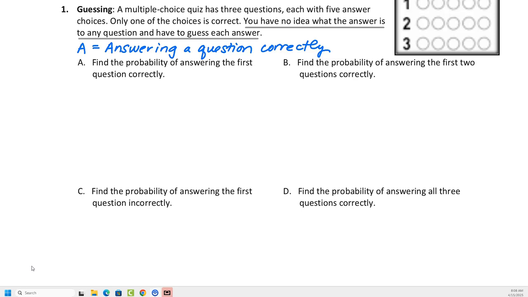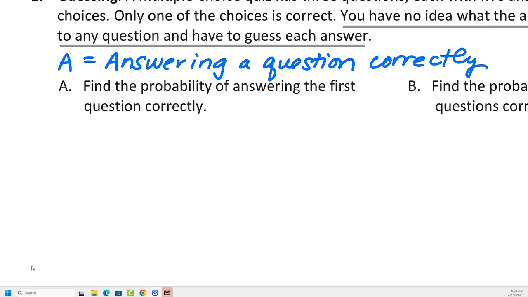Part A: find the probability of answering the first question correctly. Let's find the probability of A, where A represents answering the question correctly.